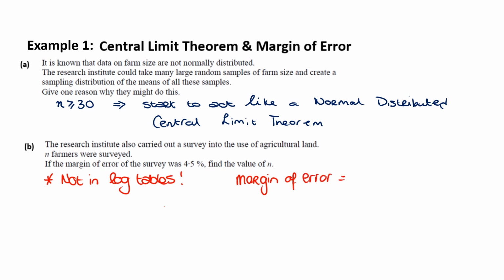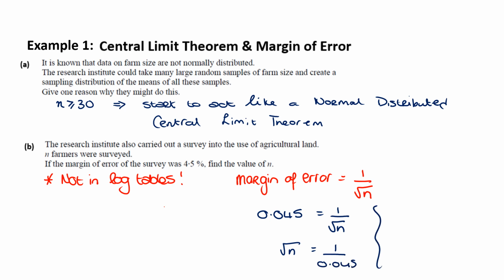Margin of error is equal to 1 over the square root of n. So your margin of error will be given in decimal. So we have 0.045 is equal to 1 over square root of n. I like to flip it, so use the reciprocal.